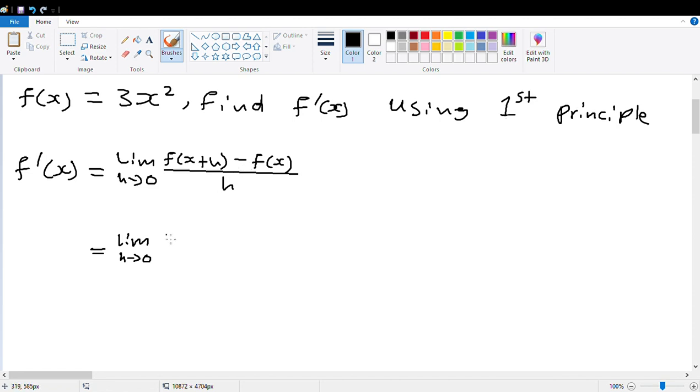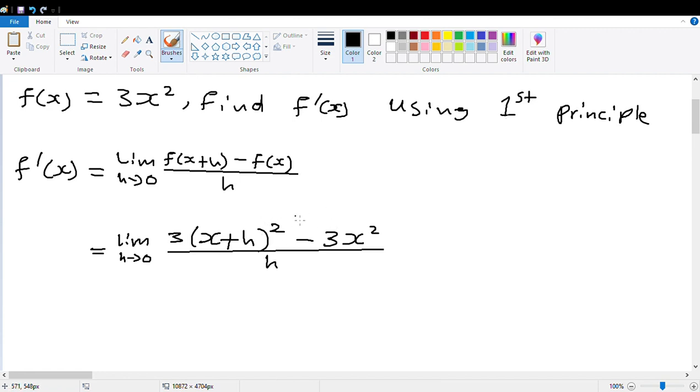You get me? So we have 3, initially it was x squared, so remember we are replacing x with x plus h, and it has a power 2 there, minus f of x. For the second part, we simply substitute f of x as it is, which is equal to 3x squared, and all of that is divided by h.